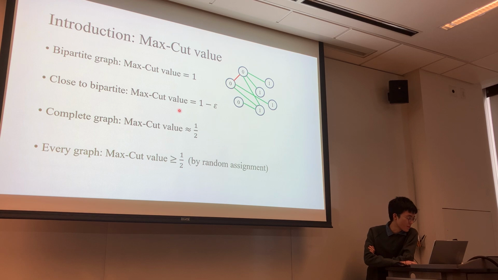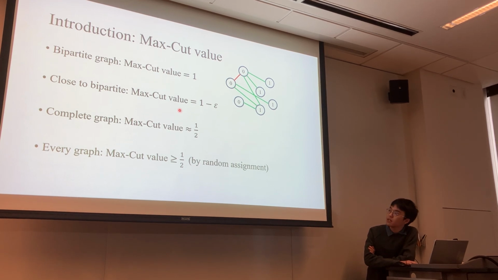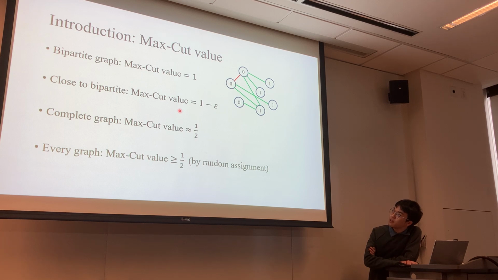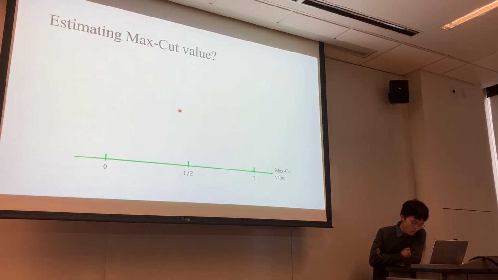And we observe that in every graph, the max cut value is at least 1/2 because a random bipartition cuts at least half of the edges in expectation. So the algorithmic task we're going to care about in this talk is estimating the max cut value of graphs.